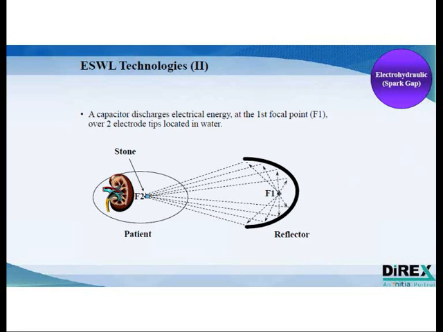As explained earlier, you have on the right side the generation of a shock wave at F1, which is reflected in this dark elliptical shape, the reflector. All the waves converge onto F2, which is where the stone is to be located.